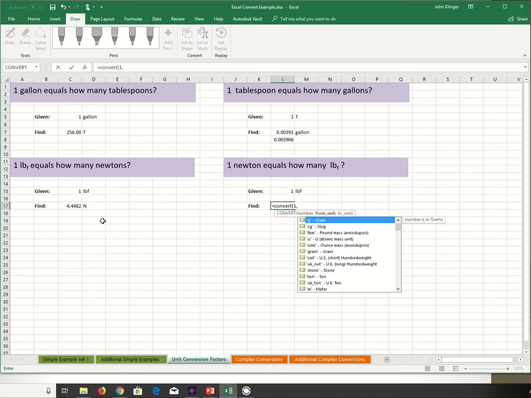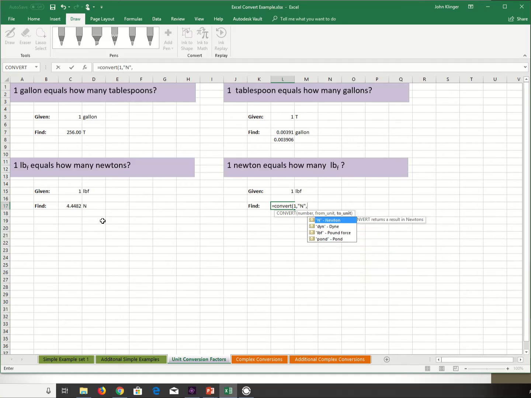And we're going from newtons to pound force. So there you have it. There's our conversion factors, or unit conversion factors for simple things. Okay? Next, we're going to look at complex conversion factors.